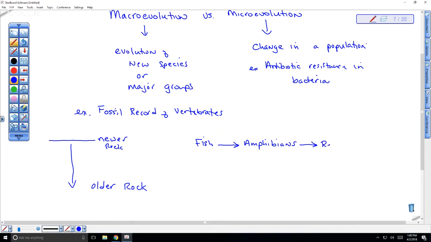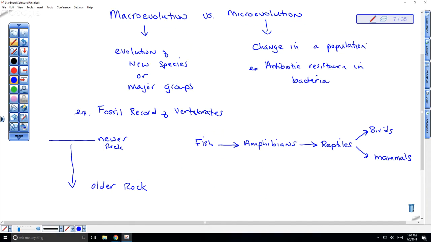And then we see reptiles. And then interestingly, the reptiles gave rise to birds and mammals. So we only find birds and mammals, specifically mammals, in newer rock formations.